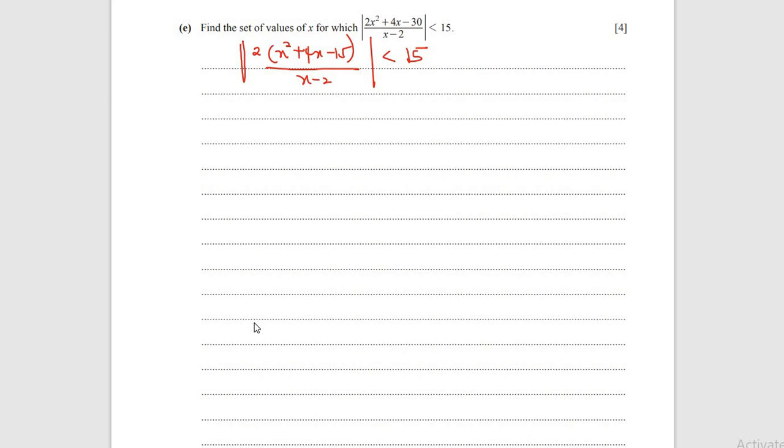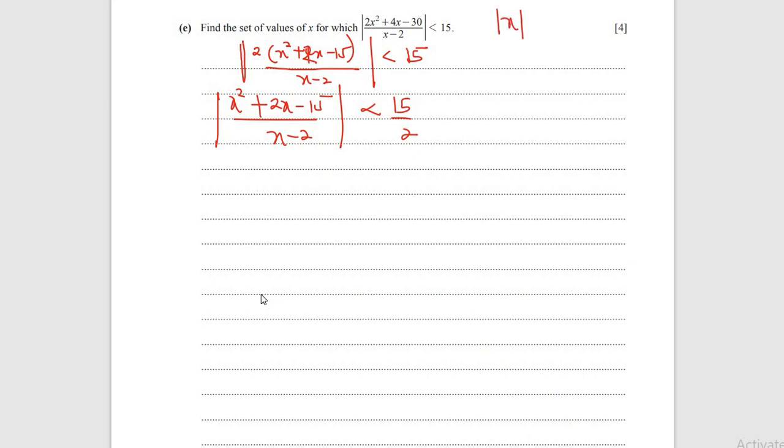So this equation can be written as modulus x squared plus 2x minus 15 over x minus 2 less than 15 over 2, after factorizing out 2.